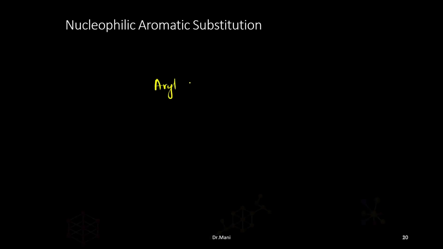These aryl halides can be remarkably reactive for nucleophiles if you maintain a few conditions, that is, when they react under the proper conditions. I'll tell you what those proper conditions are. Next, when they bear certain substituents, then they will proceed with the reactions.